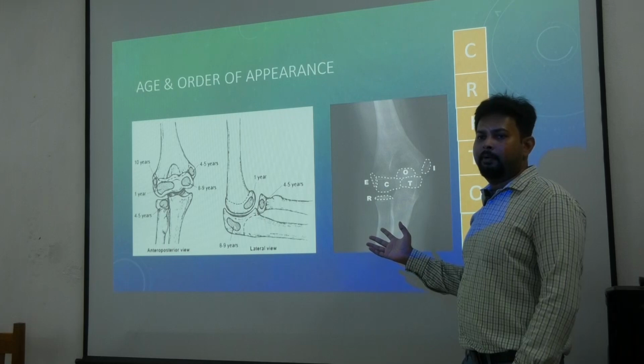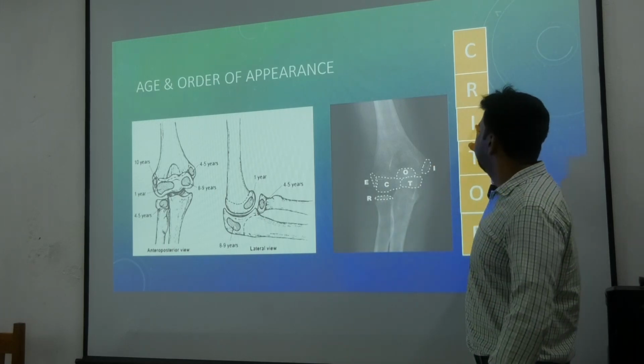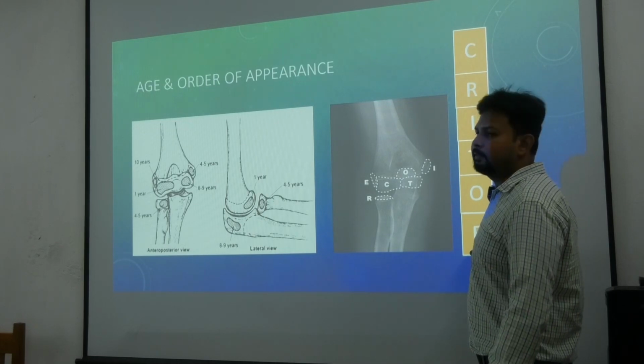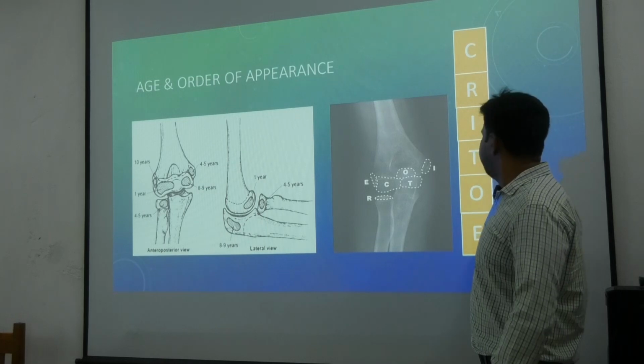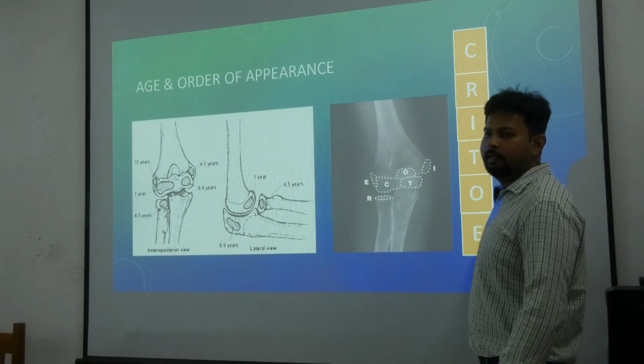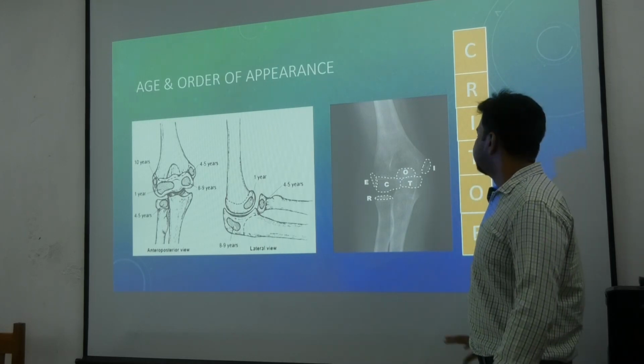External means lateral epicondyle. I is internal epicondyle, meaning the medial side, and E means the lateral side. Clear? This is just a mnemonic, nothing else.